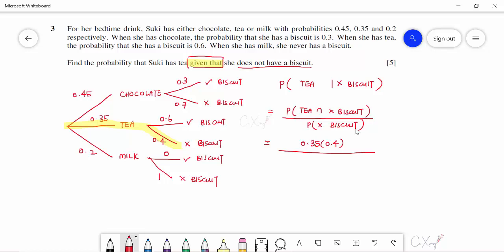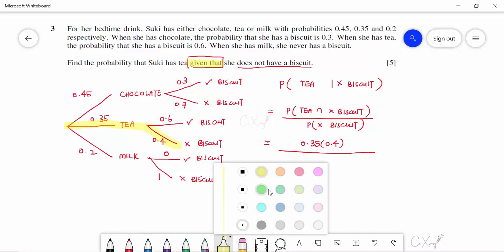For the denominator, not having a biscuit, you should start from the beginning and include the whole path, the whole line from the beginning. You cannot just focus on the part here. So it cannot be 0.7 plus 0.4 plus 1, which is wrong. You should start from the beginning of this tree diagram. So for not having a biscuit, there are a few ways, a few lines here.